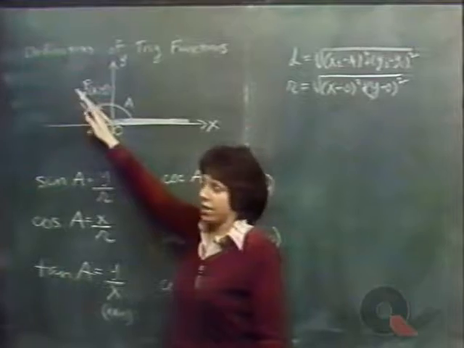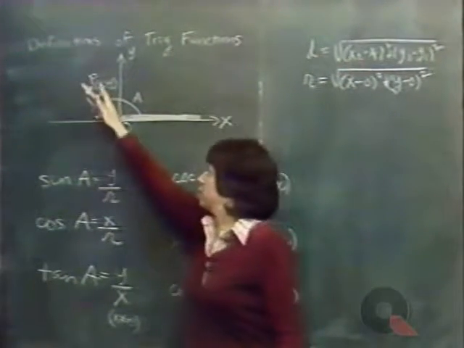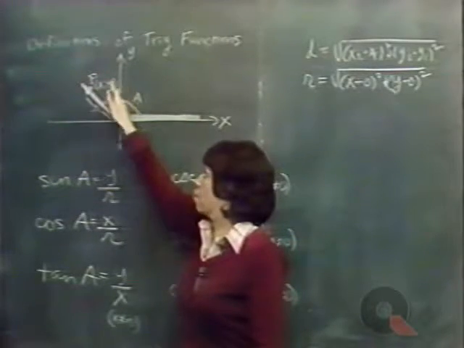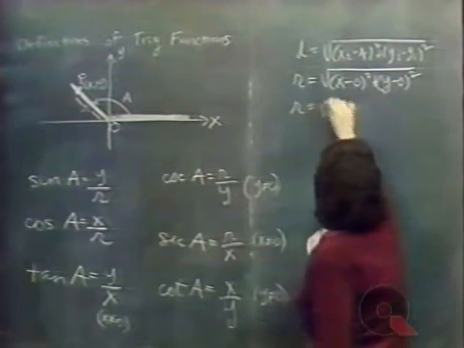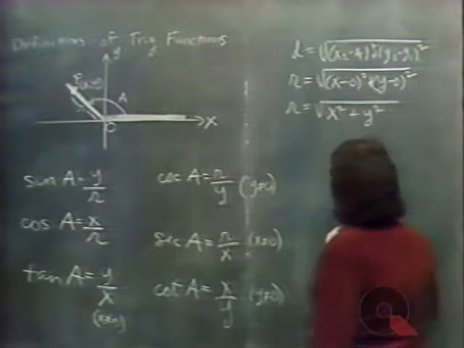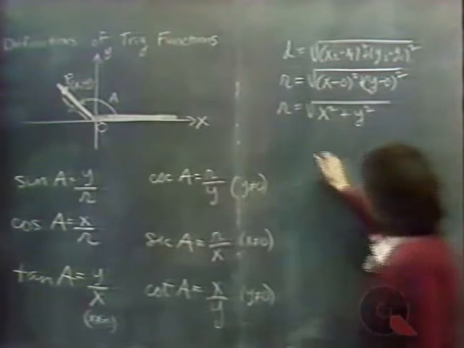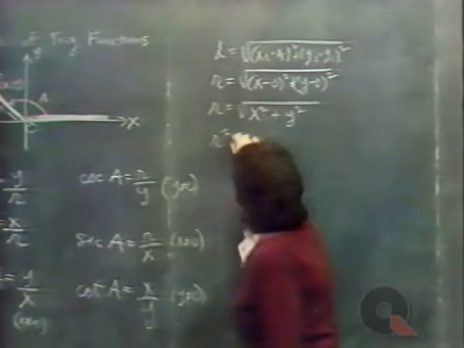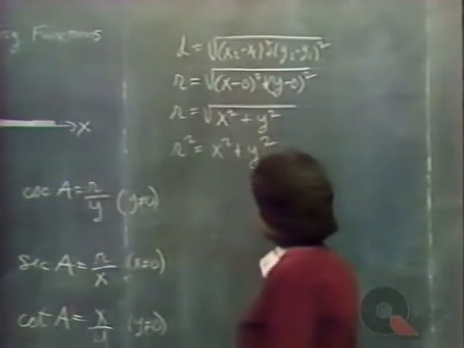The other one is x, y. So we have the square root of x minus 0 squared plus y minus 0 squared, or r is equal to the square root of x squared plus y squared. Squaring both sides of this equation, we get that r squared is x squared plus y squared.